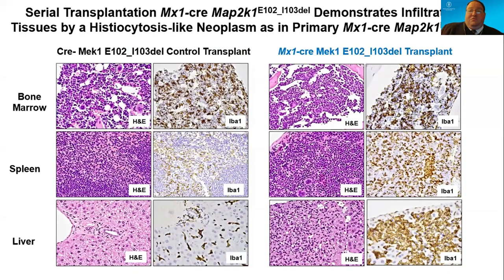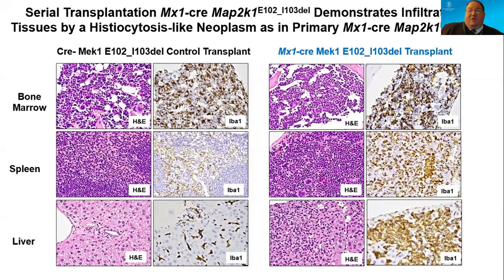So at this point, we have a fairly clear mouse model that MAP2K1 can develop a histiocytosis-like neoplasm when expressed at early stages of hematopoietic development, either at the hematopoietic stem progenitor level or even at the committed monocyte dendritic cell progenitor level under CD11C Cre.